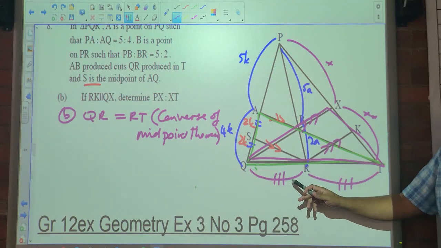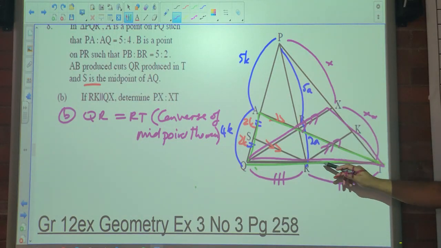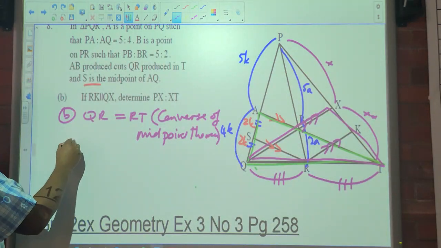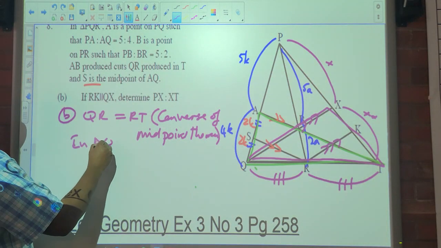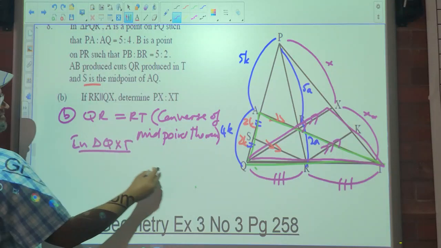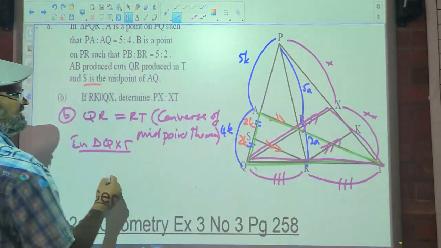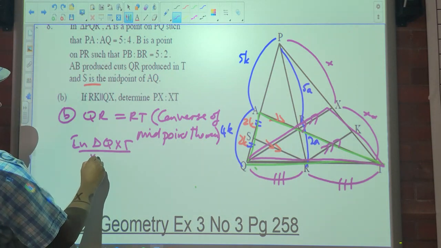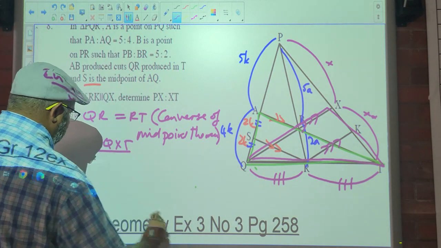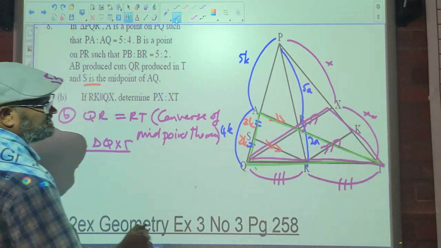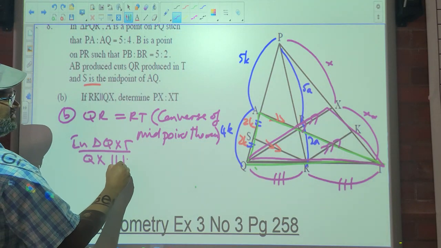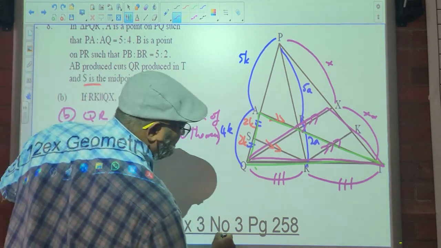But what I was going on to prove now is that in triangle QXT, we're going to first say that QX is parallel to KR.